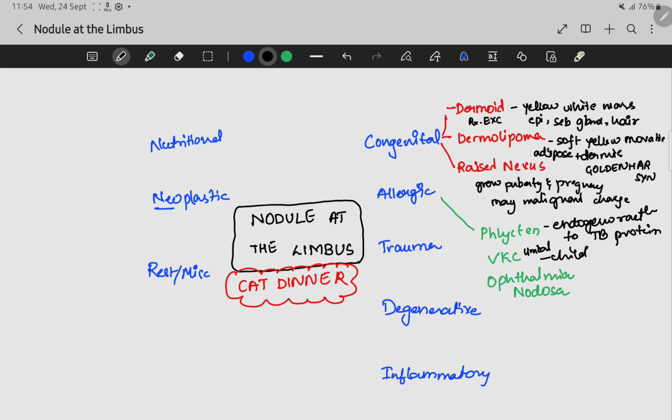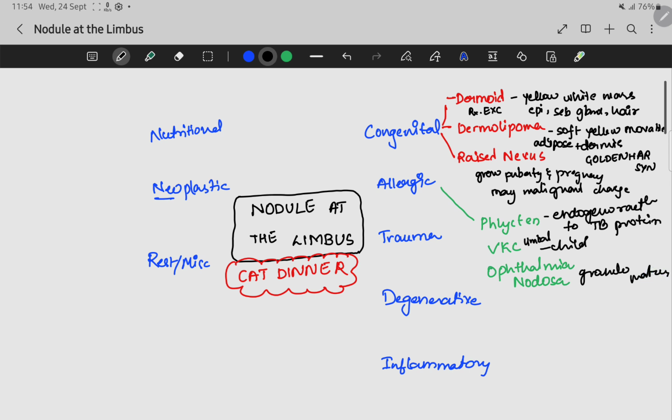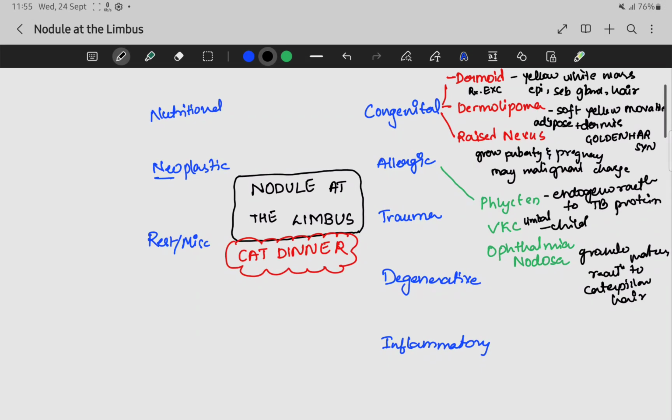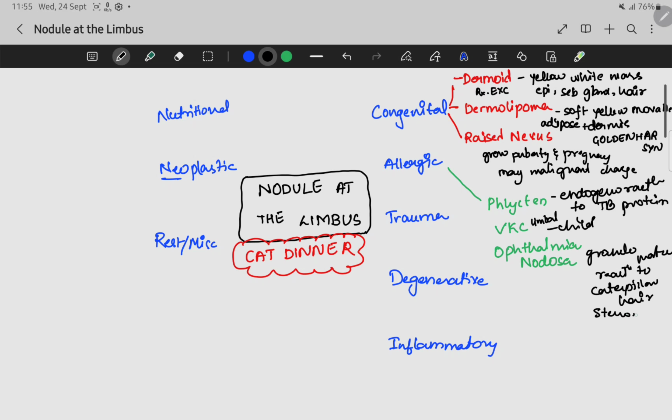Then coming to ophthalmia nodosa, it is a granulomatous reaction to caterpillar hair. We'll discuss this in a separate class, but for exam point of view, I'm just giving a brief discussion regarding each of this. So the treatment of this is steroid or excision.